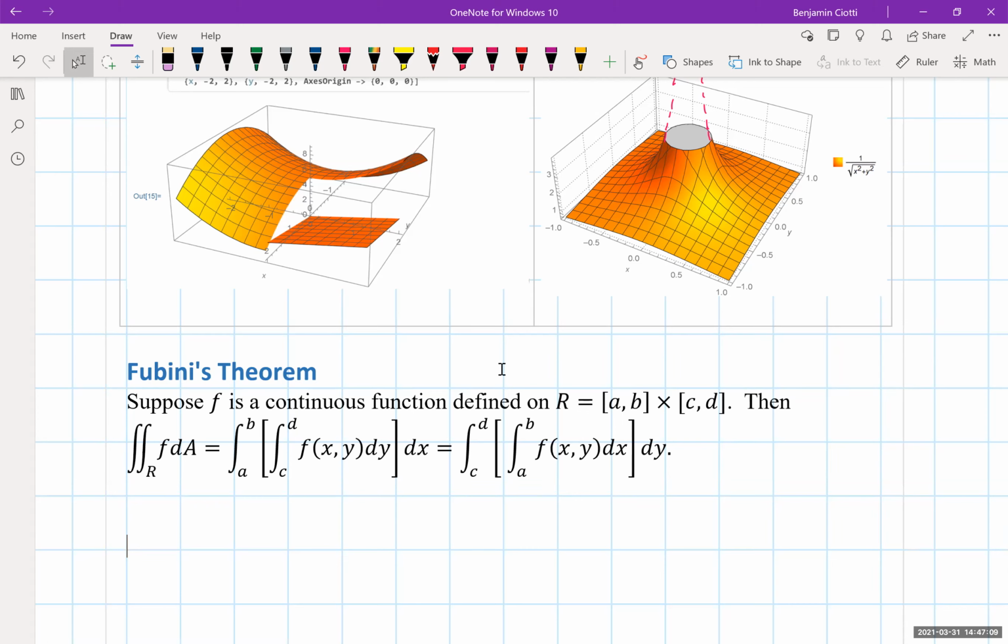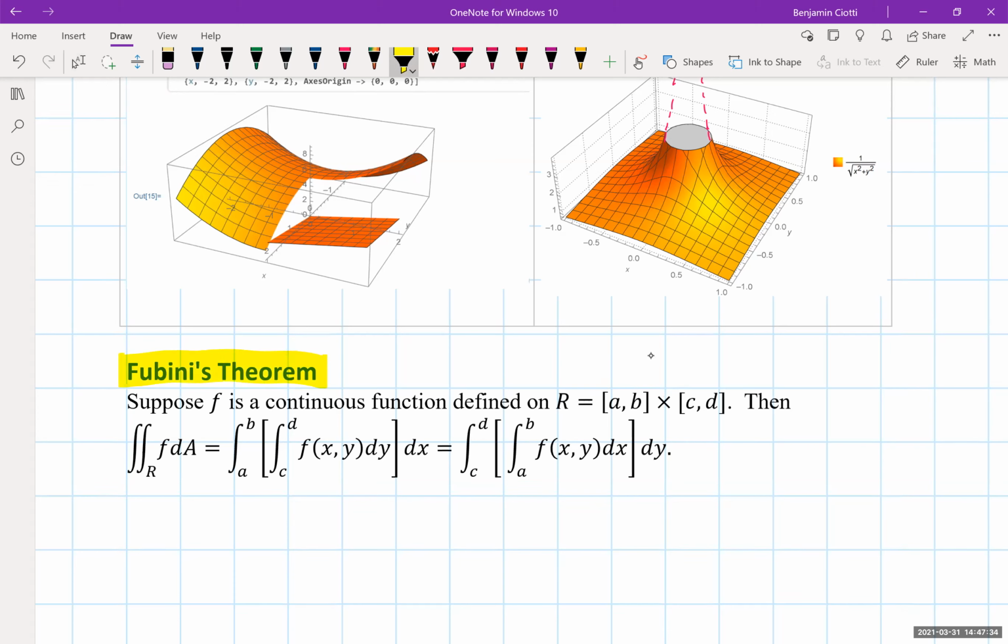Let me see if anyone's gotten it in the chat. Oh, okay, yeah. I didn't mention, did I mention continuity? Well, one thing I did mention earlier was that f had to be positive.